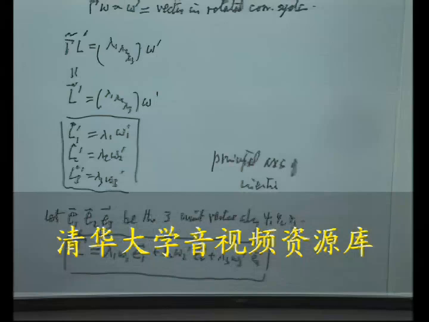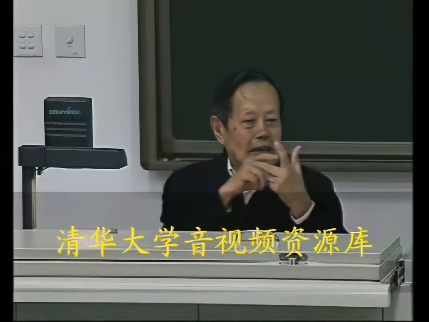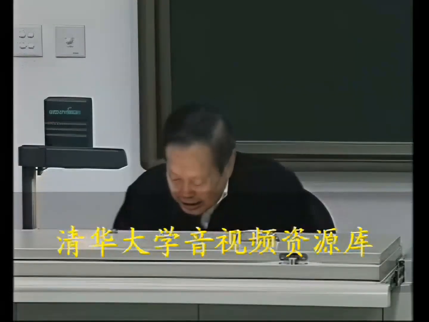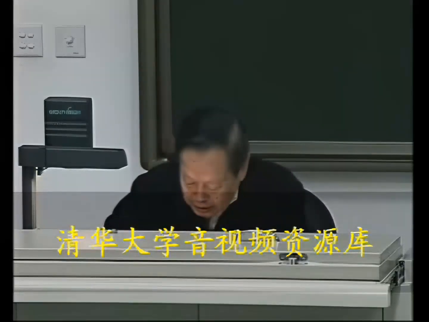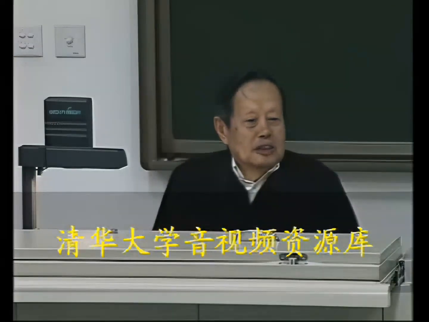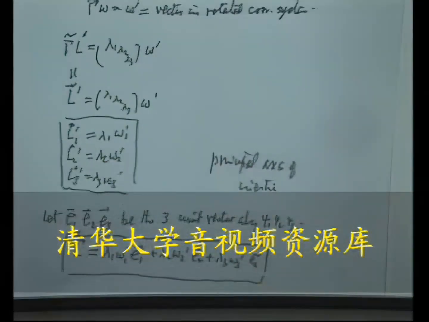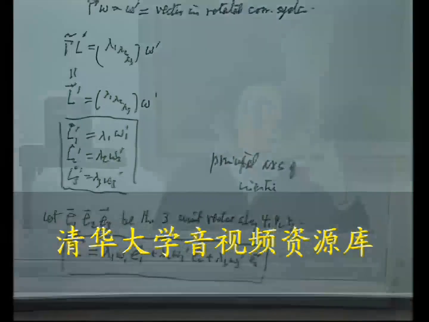So any solid body around the center of mass has three principal axes of inertia. Around each axis of inertia, there's a lambda 1, lambda 2, lambda 3. Actually, usually one calls it I1, I2, I3. So from now on, we are going to change notation. We no longer call them lambda 1, lambda 2, lambda 3. We call them I1, I2, I3. These are the three principal moments of inertia.